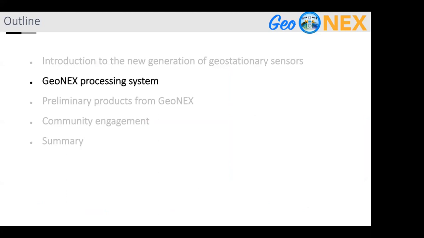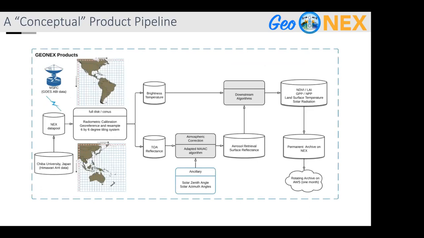Okay. So now with these incoming observations or measurements, let's talk about how we plan to process them. This is actually more like a conceptual product pipeline. It's a plan. We're still trying to build it. So it follows the traditional NASA satellite data processing workflow.